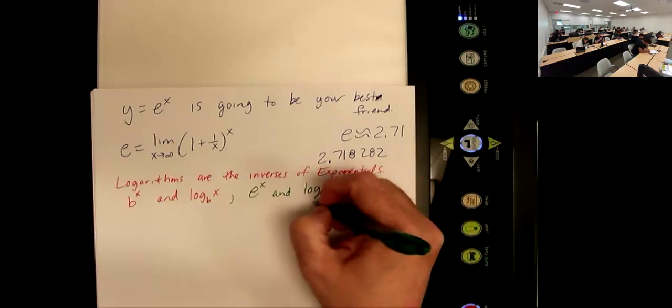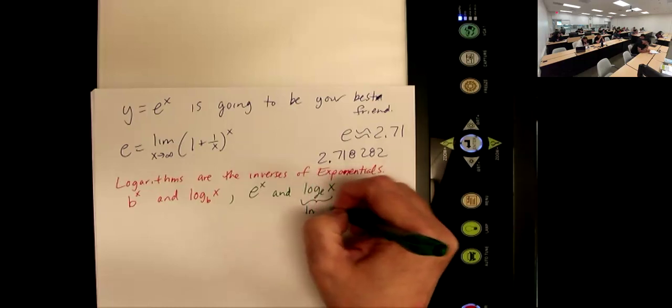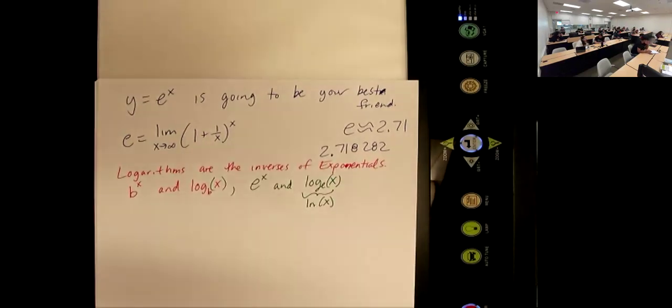But when we have log base e, we write ln instead of log. It's a good idea to put the thing that's inside the logarithm in parentheses, just in case you have something added or subtracted to it, it makes it clear.